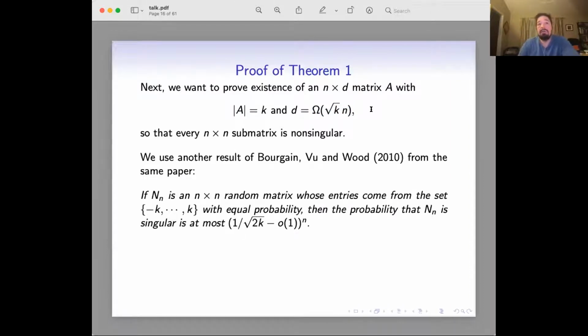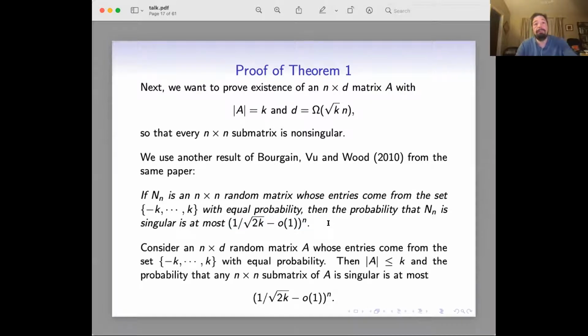So again, we use another result from the same paper of Bourgain, Wu, and Wood, which guarantees that if now N sub n is an n by n random matrix whose entries are chosen with equal probability out of the set from minus k to k, then the probability that the resultant square matrix is singular is at most this.